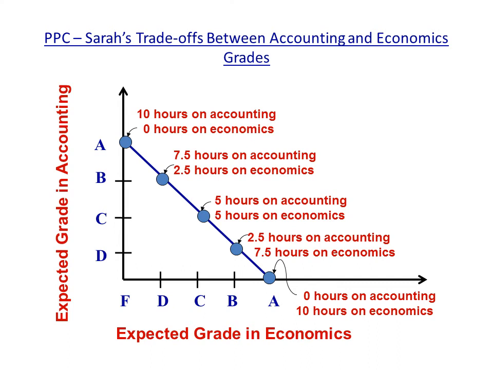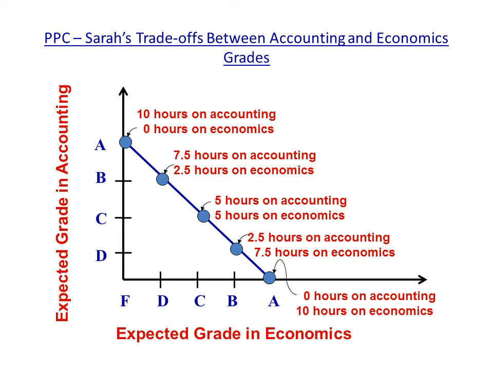Sarah is one person, this is a microeconomic example, performing two highly similar tasks, right? In other words, if she studied exactly 5 hours for economics and then stopped studying economics and started studying accounting, it might take her all of 5 seconds to put down the econ book and start studying the accounting. All right, she's performing two highly similar tasks. All right, so this is a microeconomic example.